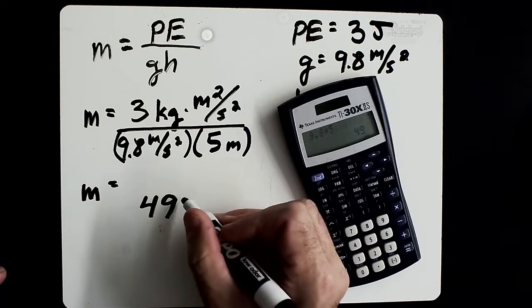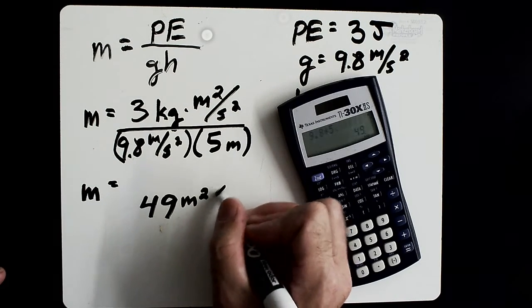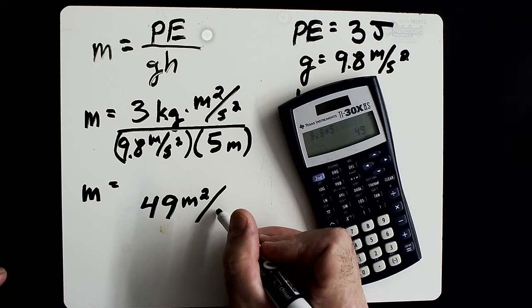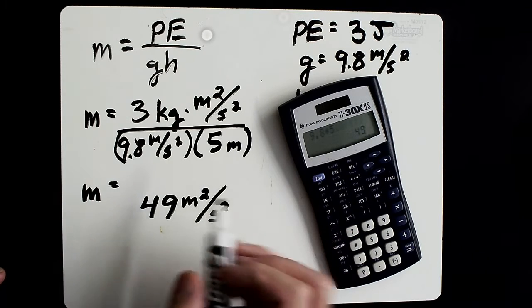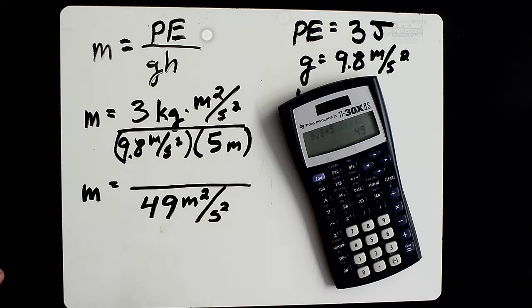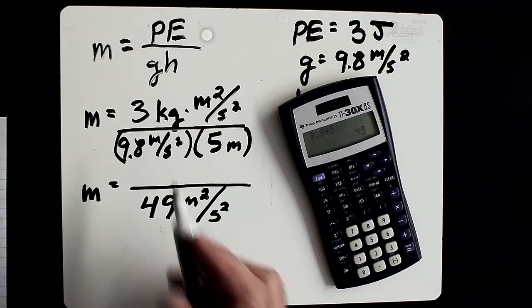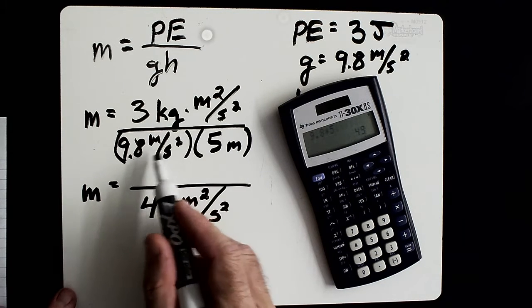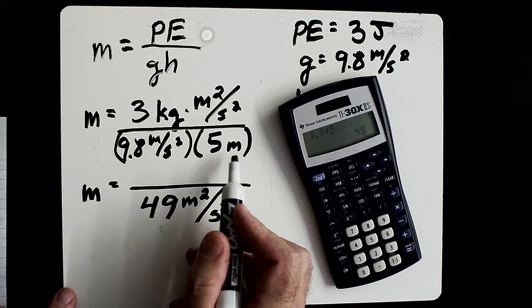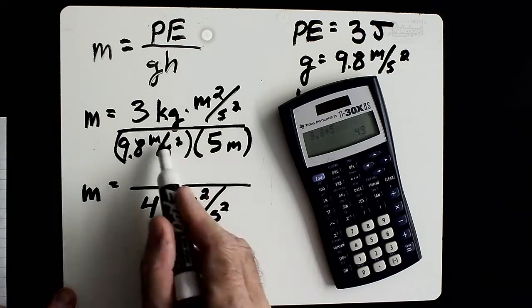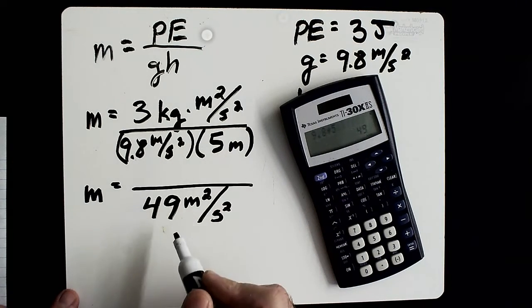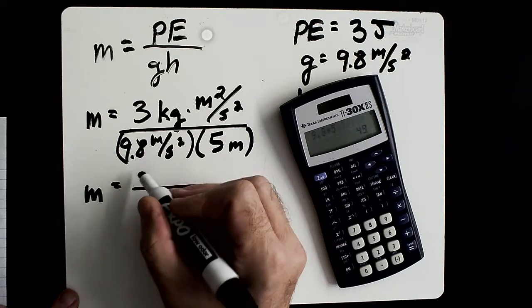They put answers on there just like any other test. They try to figure out what you might do wrong and put that as an answer. So you have to keep track of what you're doing. 9.8 meters per second squared times 5 meters. This meters gets squared. So I've got 49 meters squared over seconds squared.